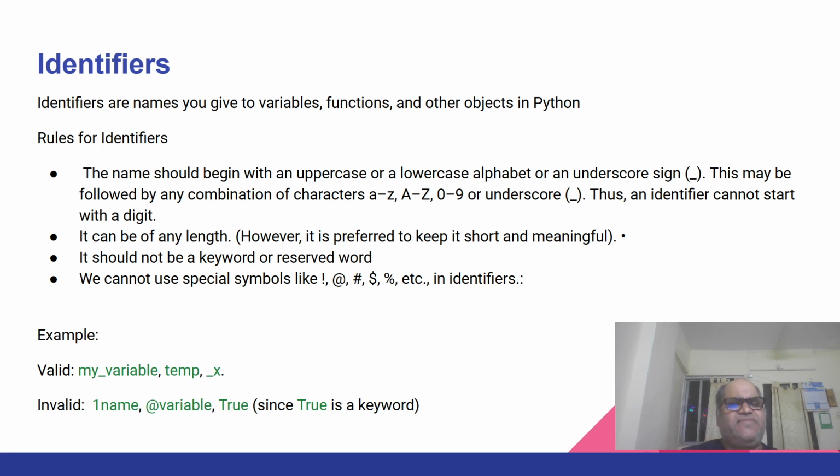The language doesn't put any constraint. The only constraint we have seen so far is that it must start with an alphabet, either uppercase or lowercase, or an underscore sign. And from there on, you can have any combination of alphabets, numerics, or underscores, one or more.